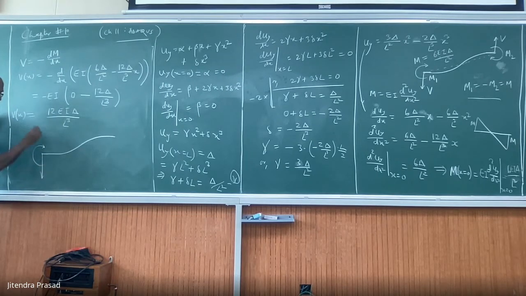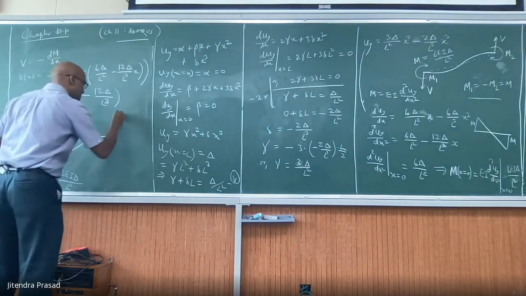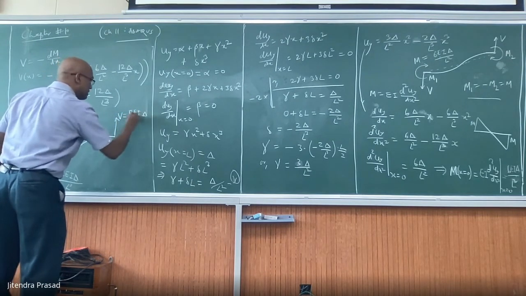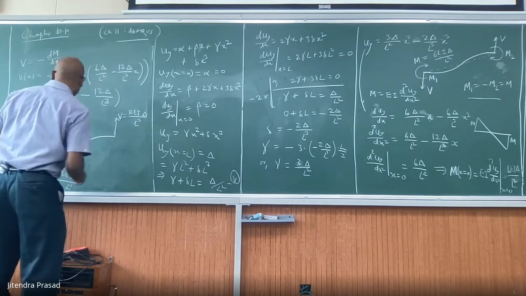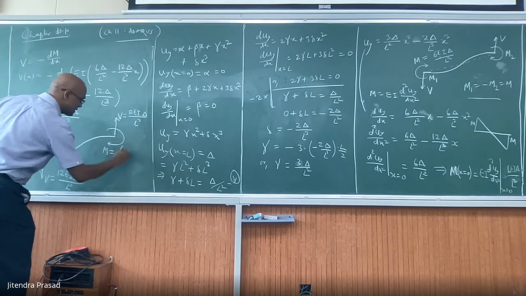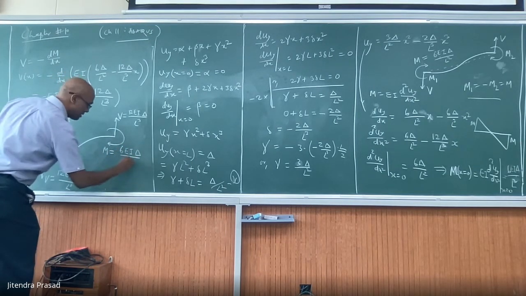So m is equal to 6 EI delta over L square, where V is equal to 12 EI delta over L cube. Similarly, you get here, this is the V only, same value, 12 EI delta over L cube, and m is equal to 6 EI delta over L square.